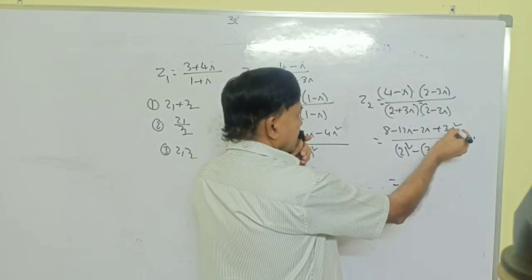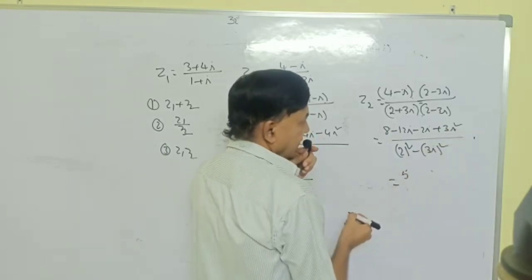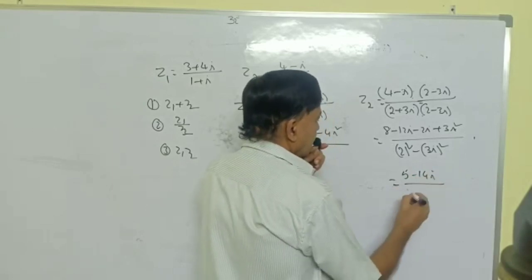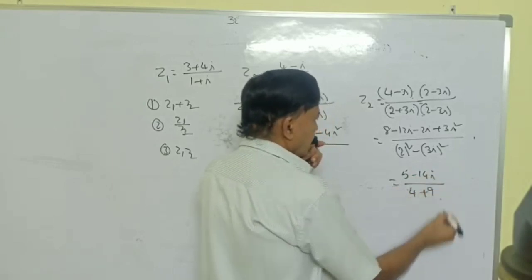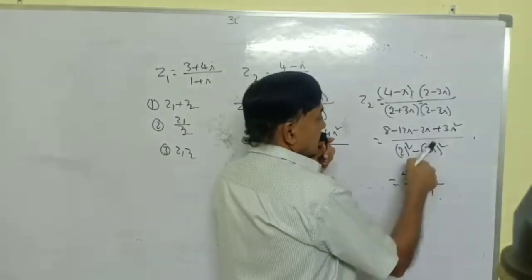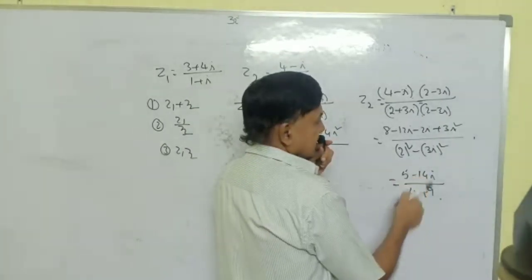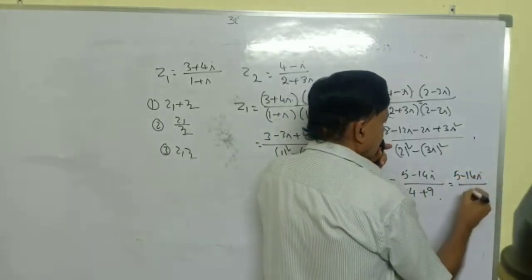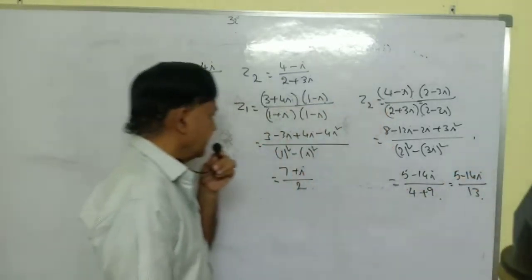I square is minus 1, so you will get 5 minus 14i by 4 plus 9, because you get minus 9i square, and i square is minus 1, therefore plus 9. So 5 minus 14i by 13 you will get.